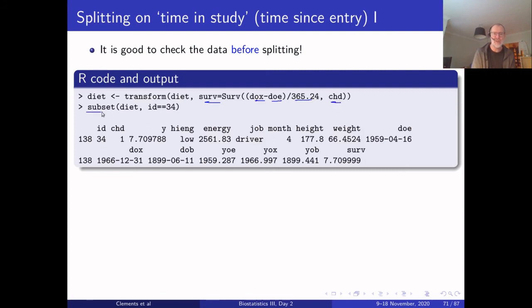Then we show from the diet data the ID 35. So we have the survival time here: they have 7.7 person years, and there was an event at the end, which is consistent with this here.